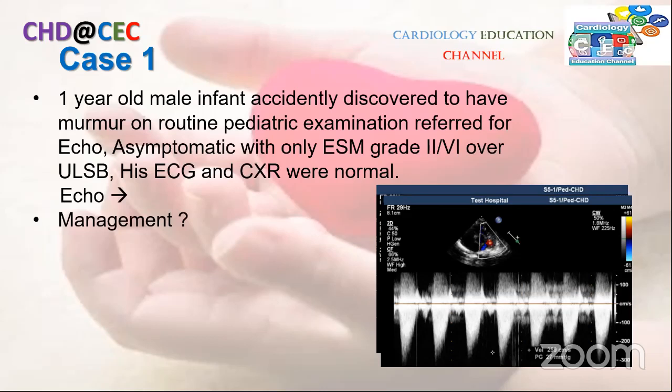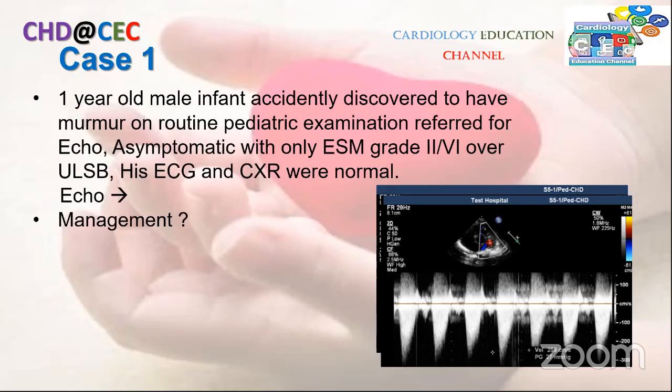Here, the baby is completely asymptomatic, and his ECG and chest X-ray correlate with being asymptomatic, which was confirmed by echo showing mild pulmonary valve stenosis. It's purely valvular, without infundibular or supravalvular stenosis, and the gradient denotes mild valvular PS.